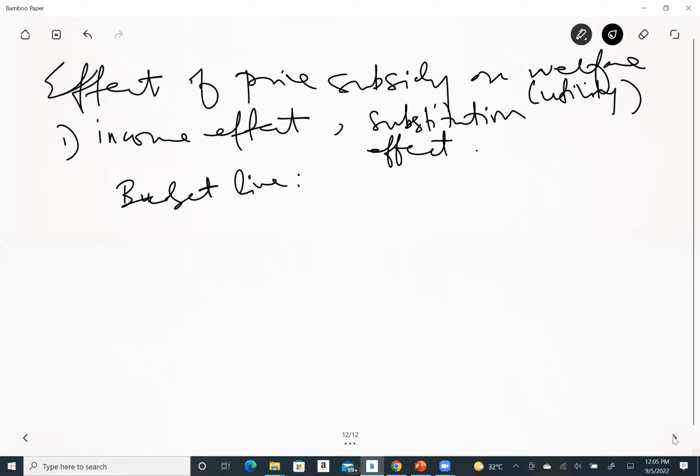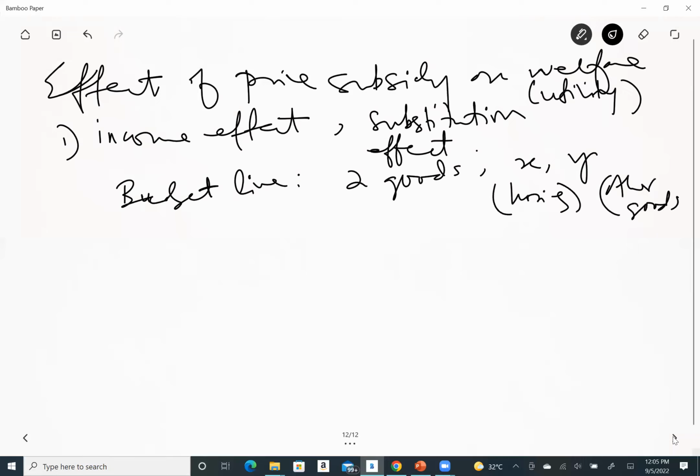Now, let's consider two goods. Call it X and Y. Or X and Y can be housing, and if you look at the book, there is housing and other goods. Or we can use fuel 95, this is petrol, and the other one is, say, rice.